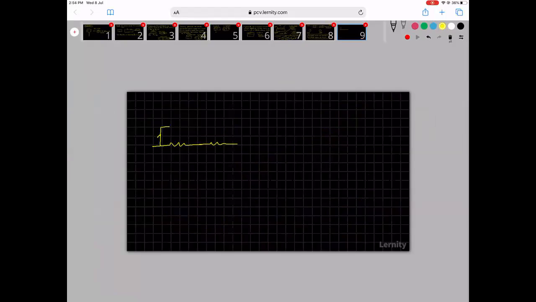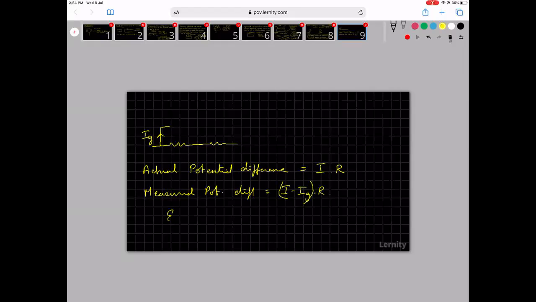So the voltmeter is going to take some current, Ig, through the galvanometer. So the actual potential difference is equal to I into R. Measured potential difference is (I minus Ig) into R. So error is equal to Ig into R by I into R. So it is Ig by I into 100. So this Ig is the current.